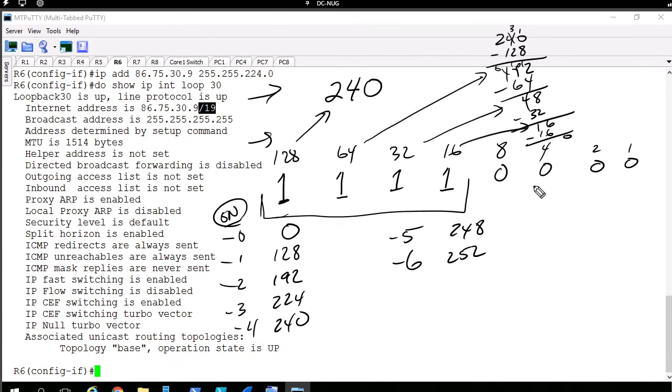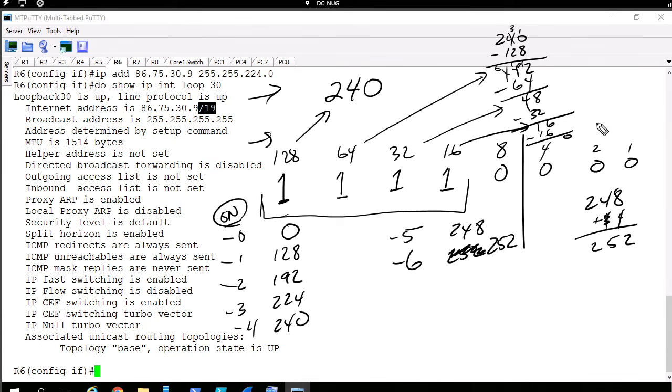Hold on a second. I'm going to do it longhand. So 248, that brings us to right here. So 248 plus 4 more, that'd be a total of 6, would be plus 4, which in this position would be 252.